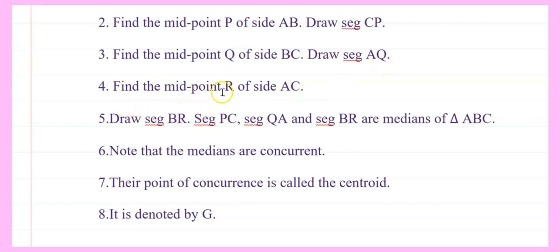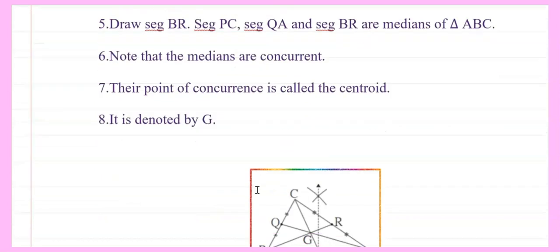Find the midpoint R of the side AC. Then draw the segment BR. Segment PC, segment QA, and segment BR are the medians of the triangle ABC. Note that the medians are concurrent. Their point of concurrence is called the centroid, and it is denoted by capital G.